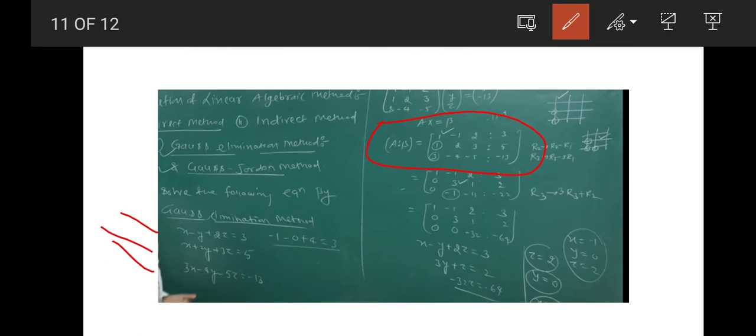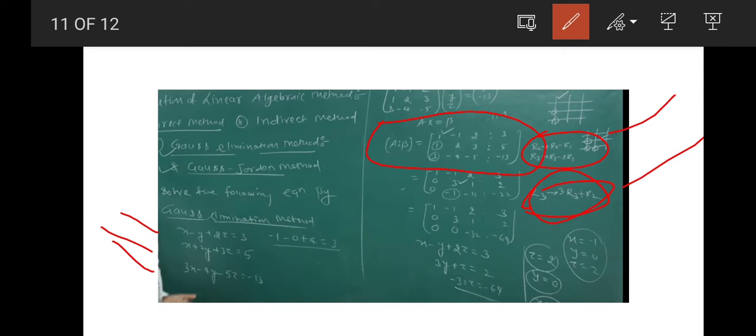Then we try to convert this matrix into upper triangular matrix by performing various row or column operations on the matrix. So in this example you can say I have applied various row operations for making upper triangular matrix.